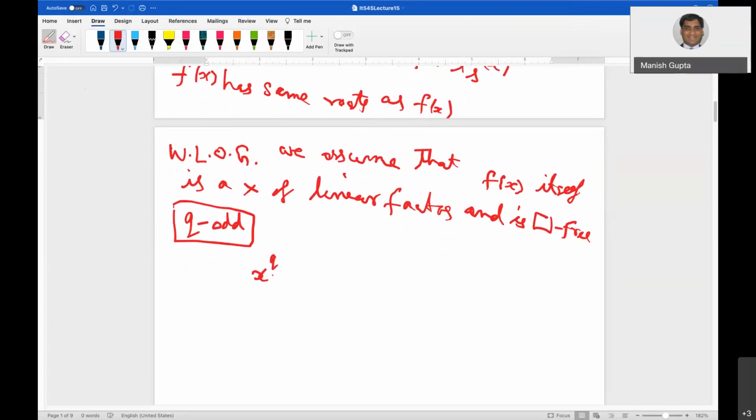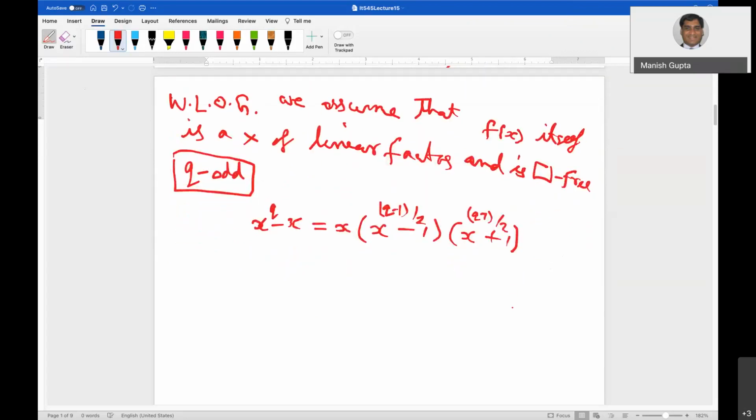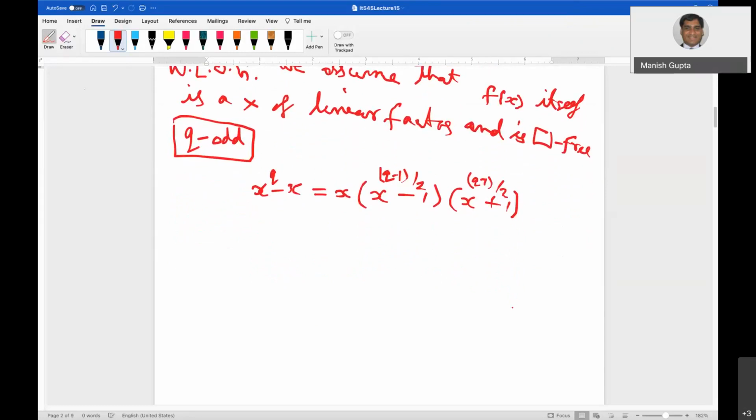So know that x^q minus x can be written by taking x common. Since q is odd, I can always factor it like this. It's a very basic factor, right? So if q is odd, we can factor it like this. For example, if q is 3, it will be x^3 minus x. Taking x common, it is x^2 minus 1, which is (x minus 1)(x plus 1), right?